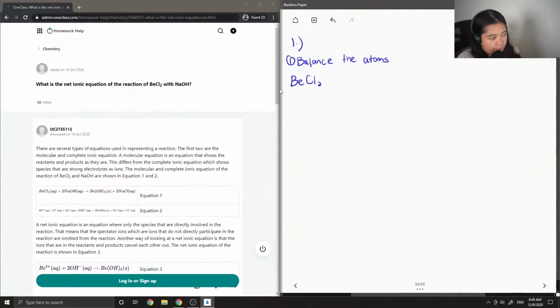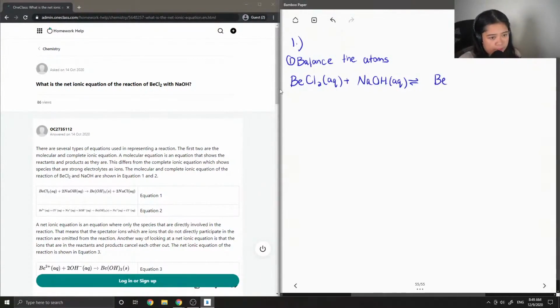So typically when you have a compound that reacts with another compound, NaOH, typically a double displacement reaction occurs.